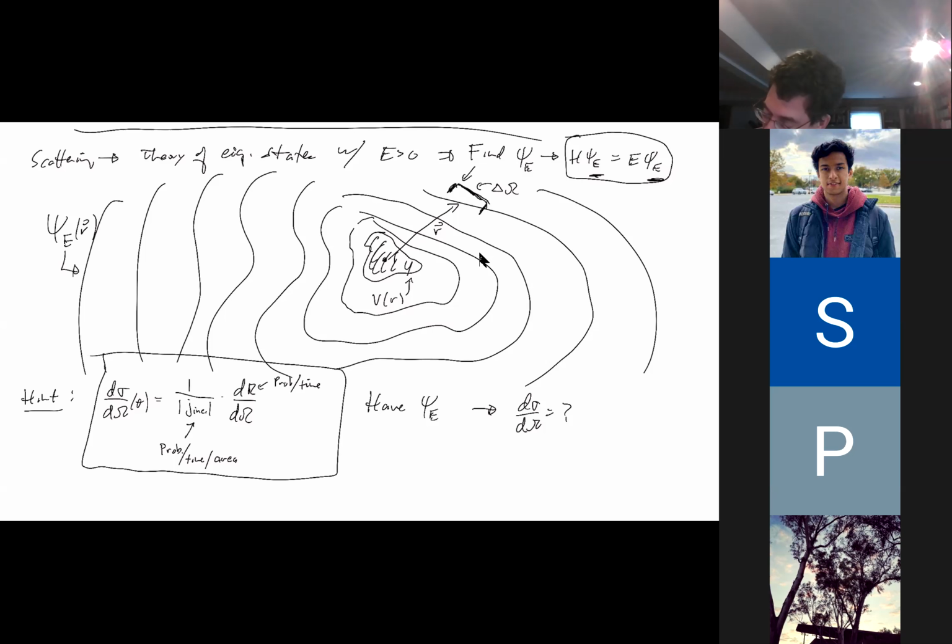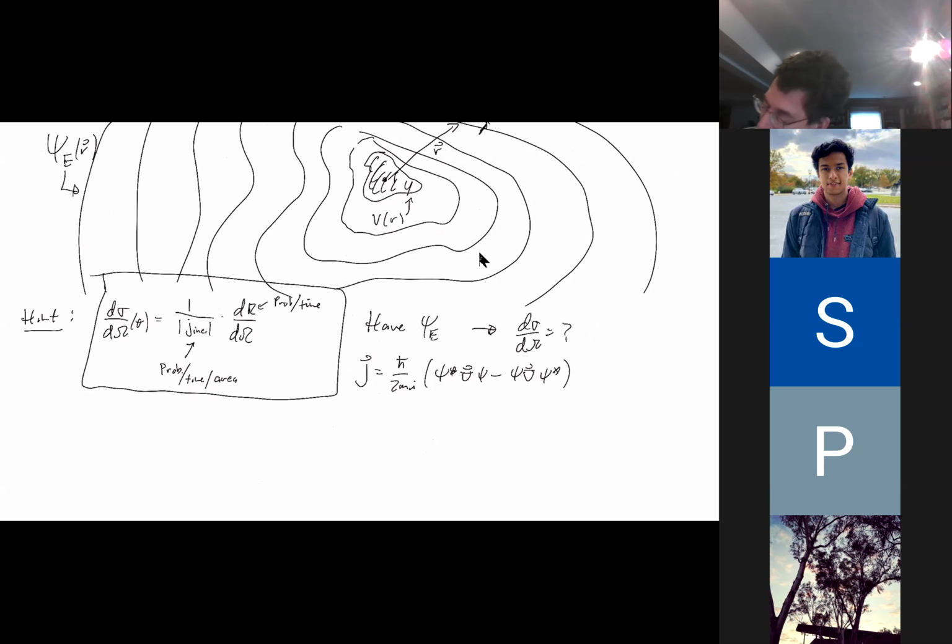And how do we do that? Do you remember how to do that? Yeah, with that equation, there's a constant. It's psi star times... Exactly. It's this guy, psi star del psi minus psi del psi star. That's right. So we get the probability flux.